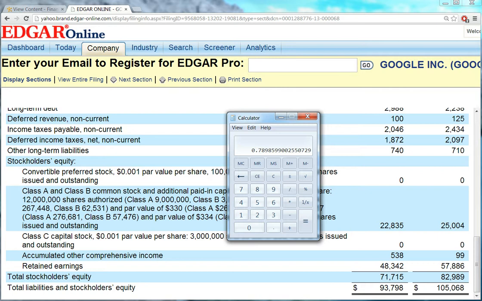If we were to look at other companies' balance sheets, in fact, it would not be at all atypical to see the reverse, where 80% of the assets are financed through debt, leveraged, versus a 20% equity to asset ratio. So Google is very unusual in a number of respects, in particular in terms of their financial position.